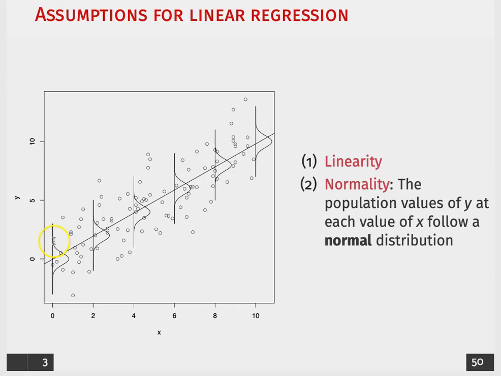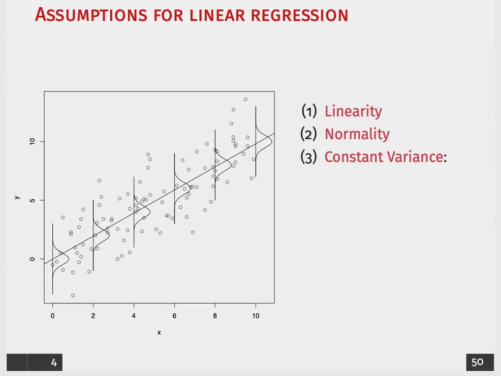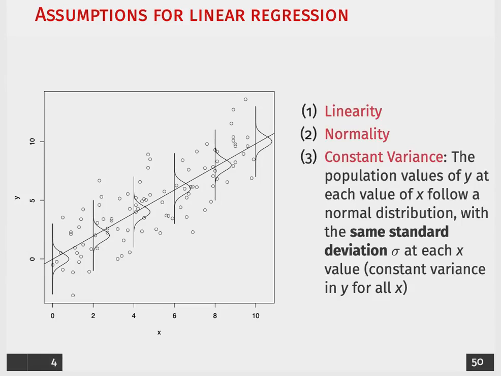So conditional on x equaling 0, the population values of y should follow a normal distribution. Now, not only do we have to assume normality of that distribution, we have to assume constant variance. And so we're saying that the spread of that distribution is equal for each different value of x.